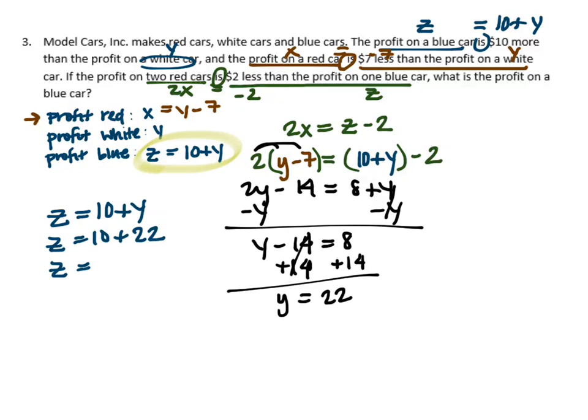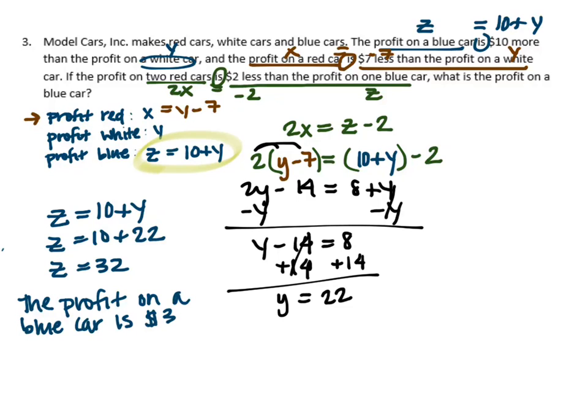So that tells me z is equal to $32. And that makes a very nice, simple equation. So I'm told that the profit on a blue car, so I'm going to write it in a sentence. The profit on a blue car is $32.